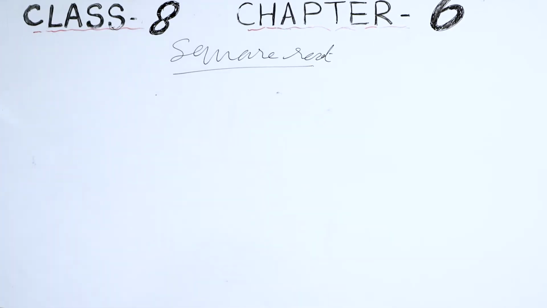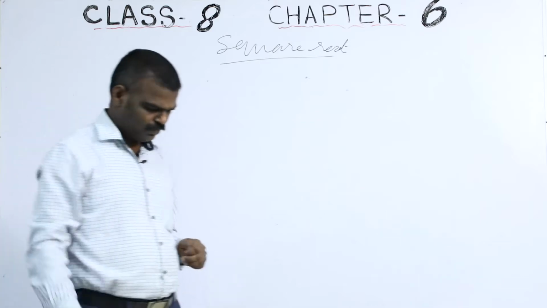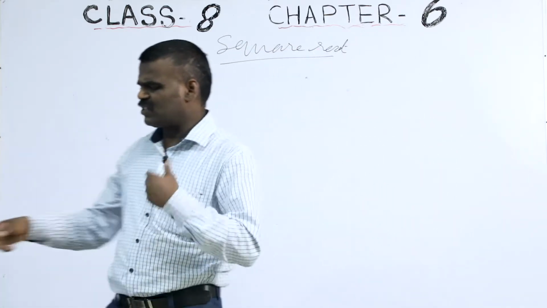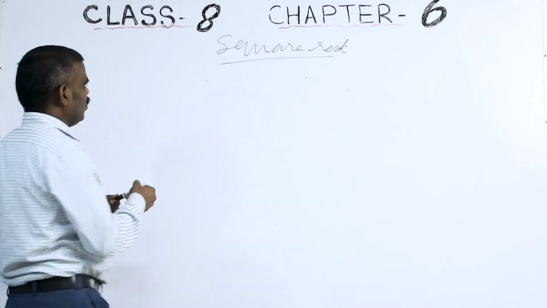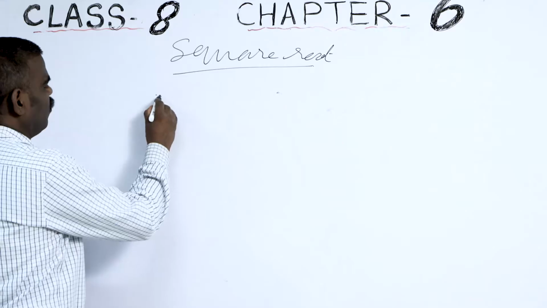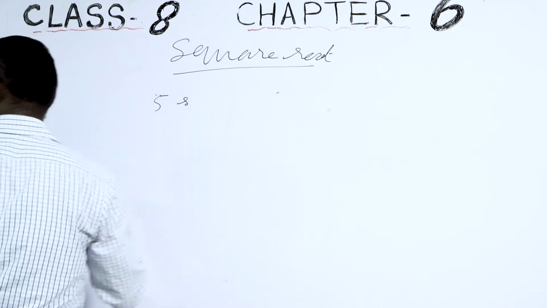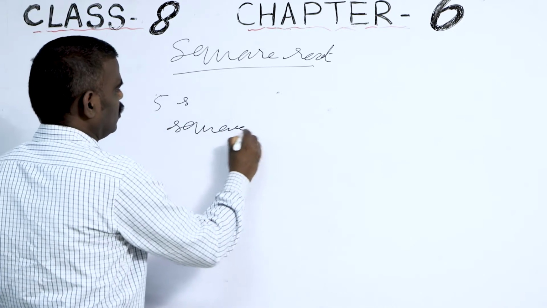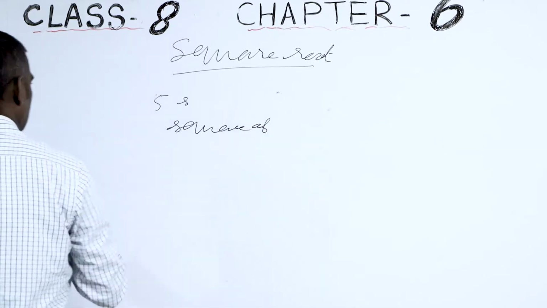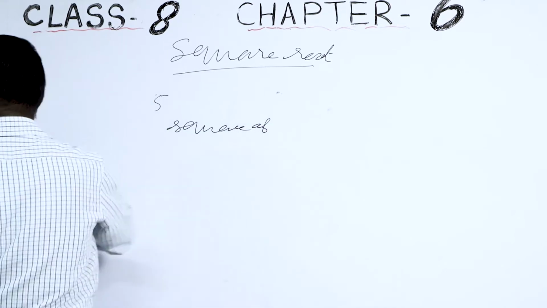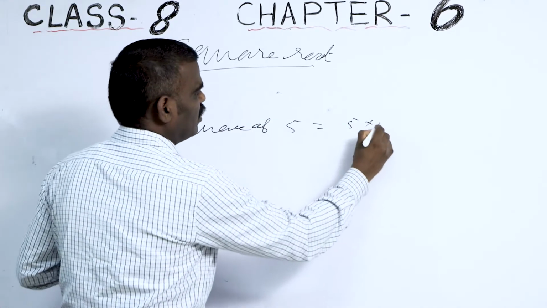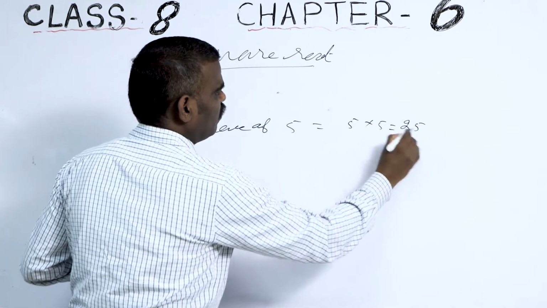Square root. Square root is just the reverse of the square. Square of 5 equals how much? 5 into 5, 25.